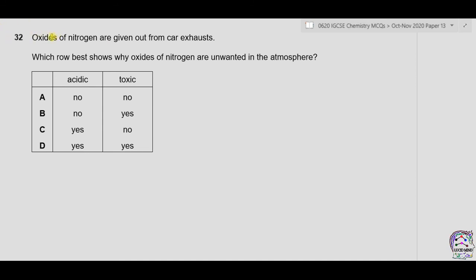Question 32. Oxides of nitrogen are given out from car exhausts. Which row best shows why oxides of nitrogen are unwanted in the atmosphere? First option is acidic and second option is toxic. Now we know that in the engine, nitrogen can react with oxygen to form oxides.